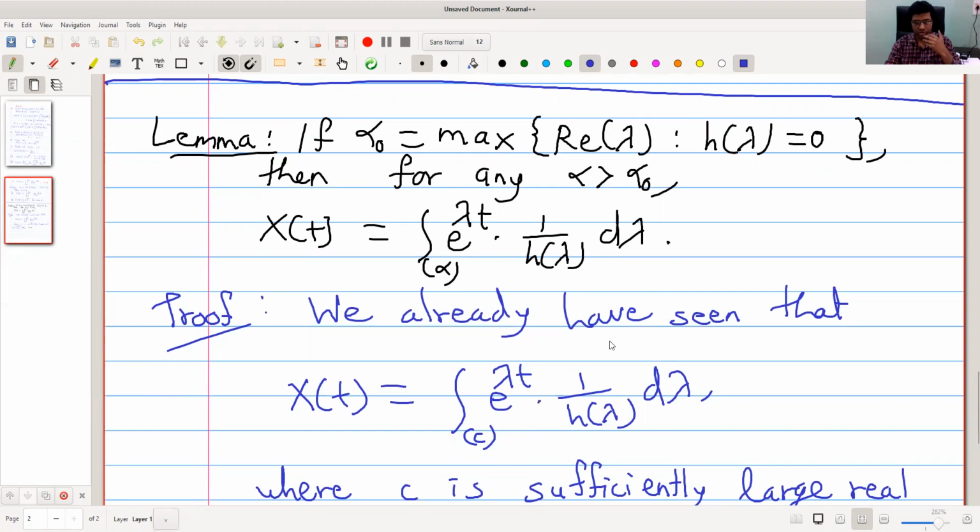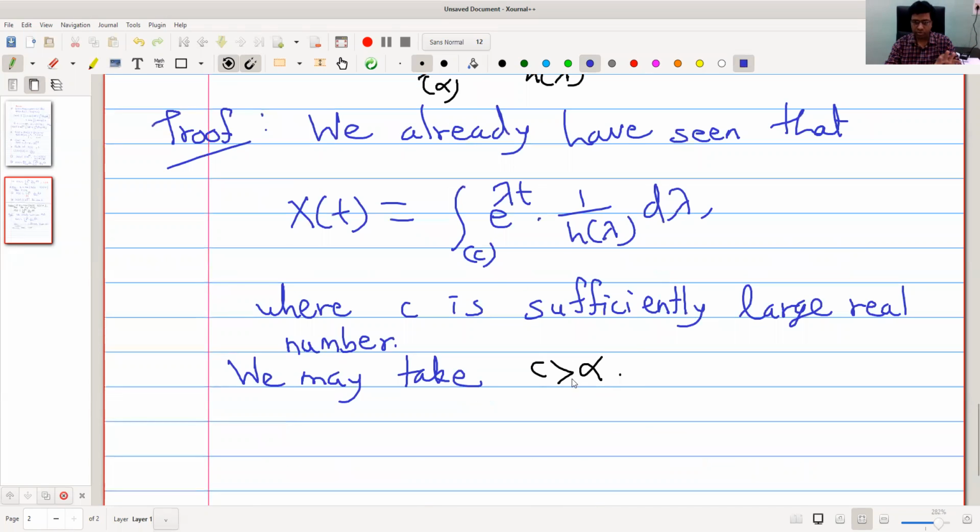Nothing to prove. So we suppose that this alpha is smaller than C. Otherwise, the result holds automatically.